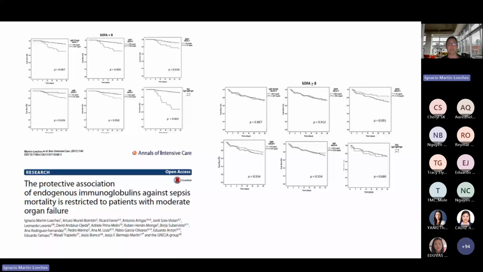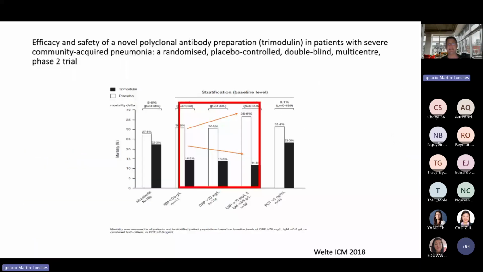And when we apply this concept to the data that was showing no benefits, we can see that those patients with high inflammation manifested by a high CRP, or with low immunoglobulin levels, had a benefit, while there was no difference in the others. So we had 36 versus 11, a very impressive difference.